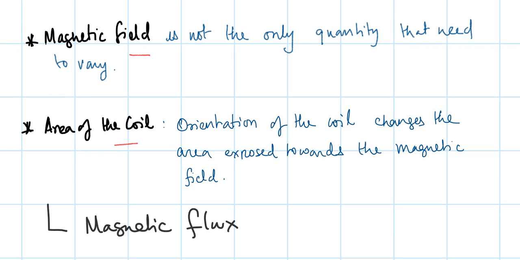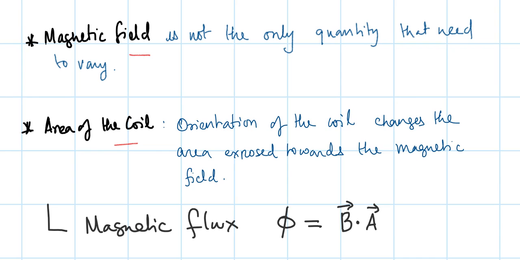Magnetic flux, just like in the case of electric flux, is a quantity which is defined as the intensity of magnetic field dot the area vector.